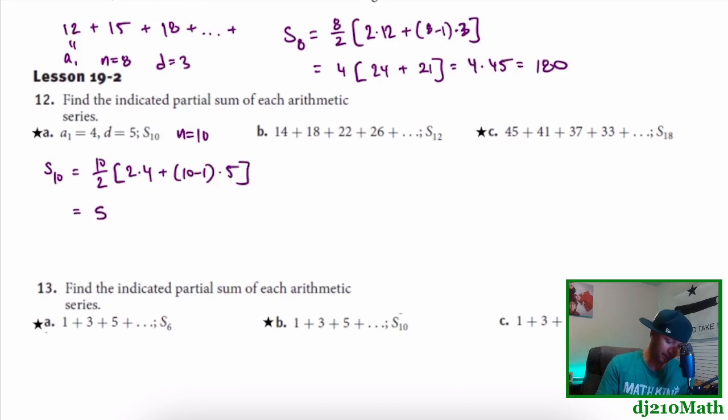So 5, 2 times 4 is 8, plus 10 minus 1 is 9, times 5 is 45. So 8 plus 45, 53. 5 times 53.